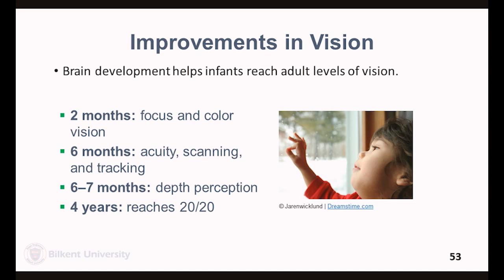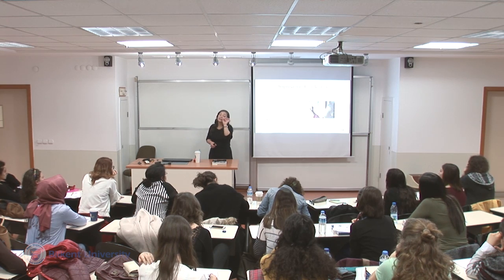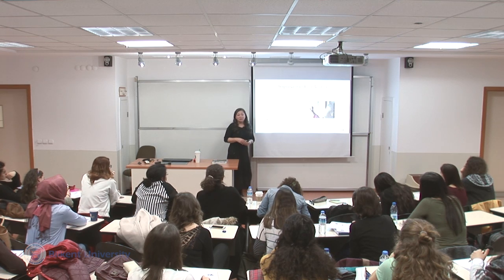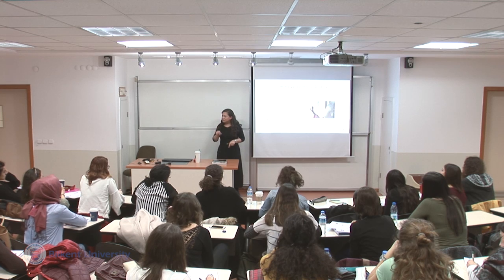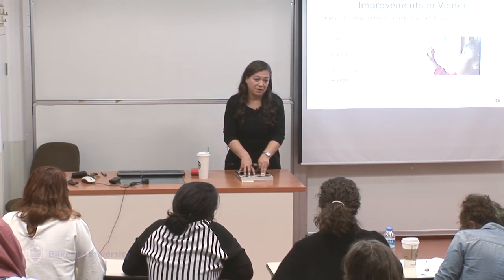Yes. At 2 months, they start learning to focus their eyes, and they have better color vision. At 6 months, acuity, meaning seeing the details of visual stimuli, scanning, and tracking. Tracking is very important for infants. Think, they are immobile for a long time.